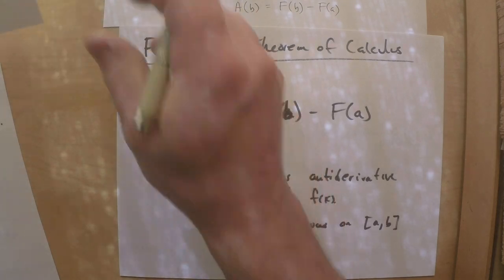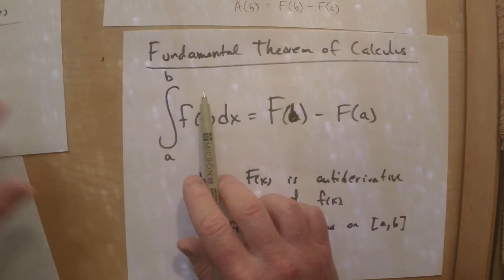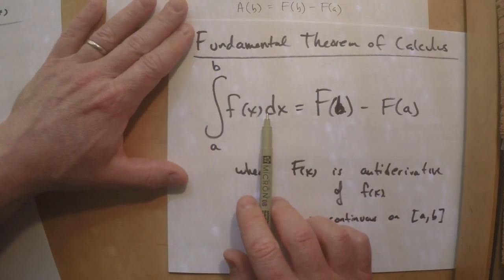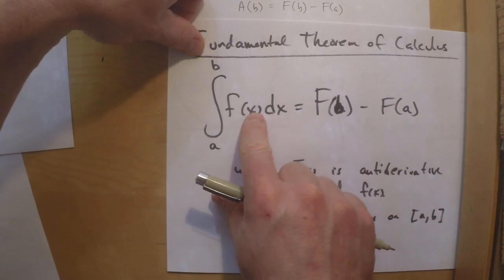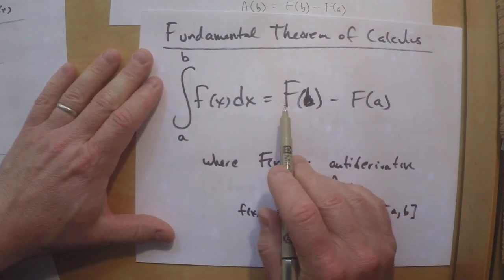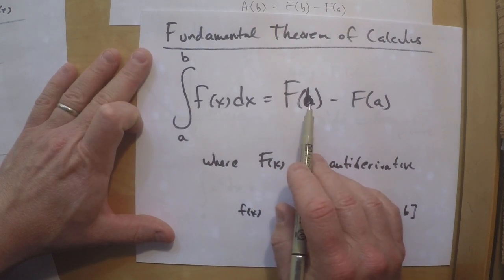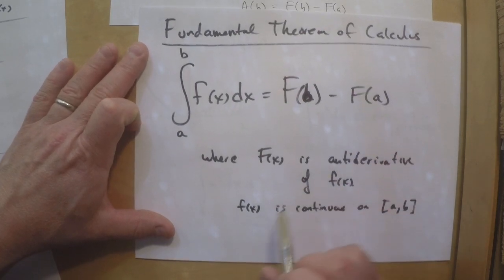This says the area under little f of x from a to b, which is what this is going to denote now, and they put upper and lower limits on there, equals the antiderivative evaluated at the upper limit b minus the antiderivative evaluated at the lower limit a.